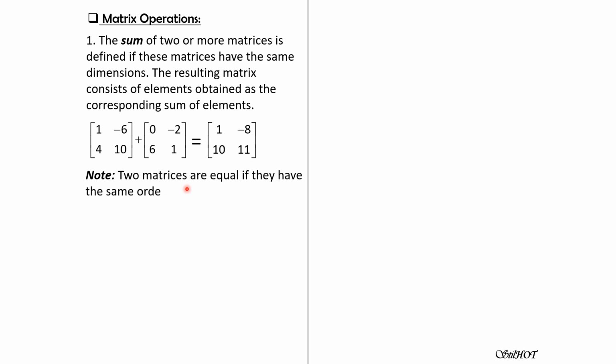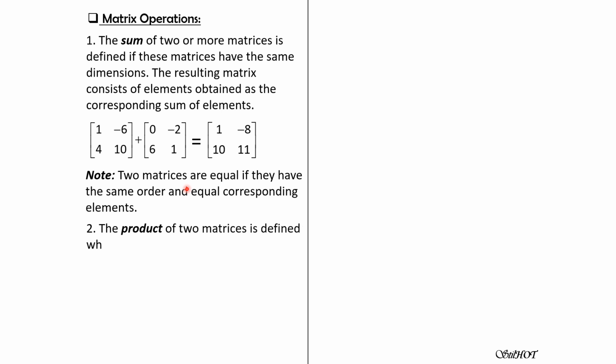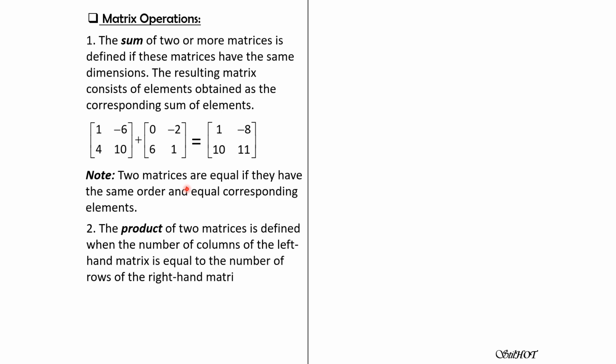The next operation on matrices is the product of two matrices, and that is only defined when the number of columns of the left-hand matrix is equal to the number of rows of the right-hand matrix. That is, for example, m by p times p by n.